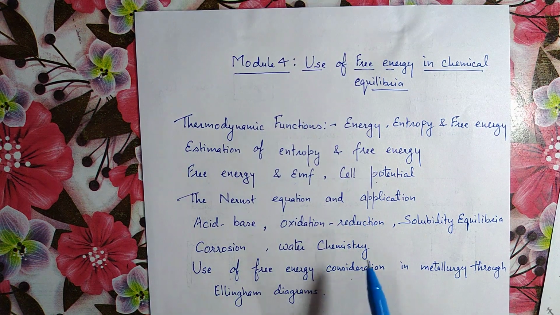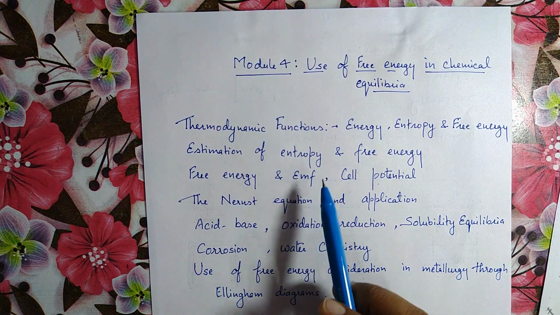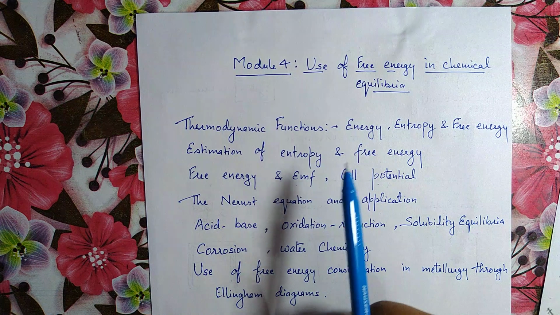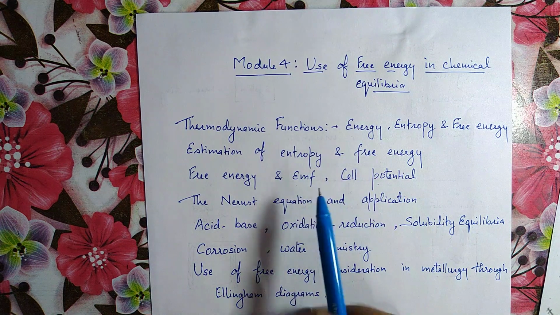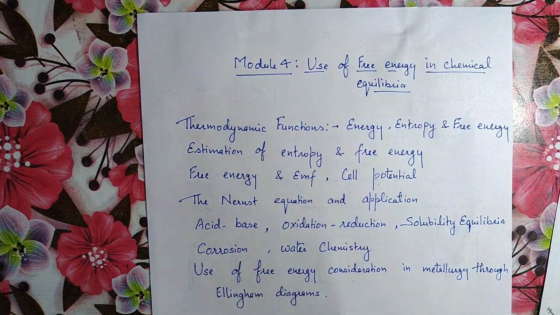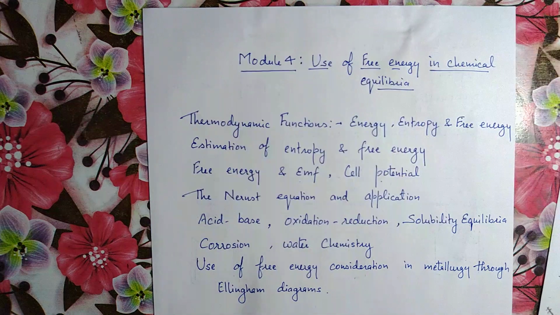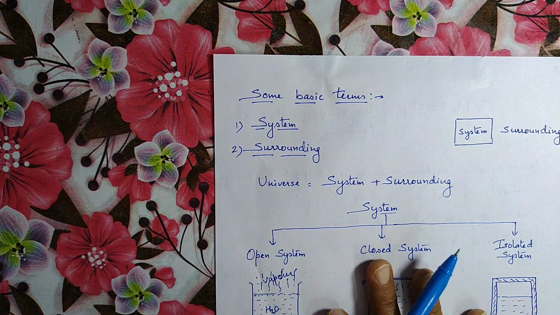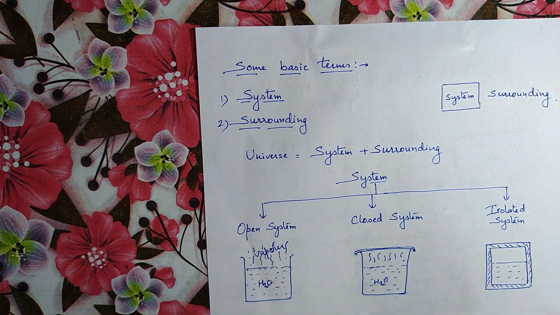But before entering the first part, that is the thermodynamic part of this module, you should quickly revise some basic terms used in thermodynamics. These terms are system, surrounding, property, state function, path function and all that.